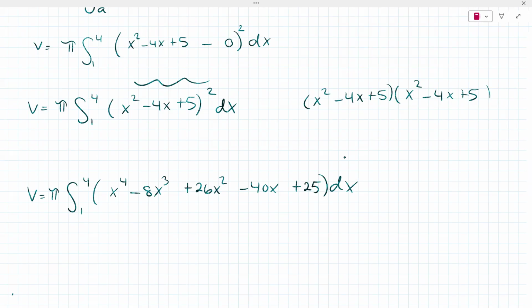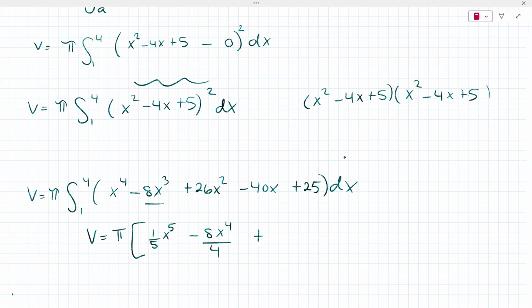Okay, and now we can take the integral of that. So it's pi, and we know the integral of x to the 4th is 1/5 x to the 5th. The integral of negative 8x cubed is negative 8x to the 4th over 4.